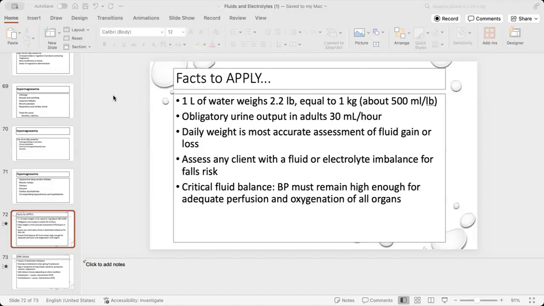And I want to shift gears just for a little bit. We need to look at ABGs, okay? Because your next unit is arterial blood gases, and for your assignment you have to be able to interpret. How many of you have done interpretation of ABGs?